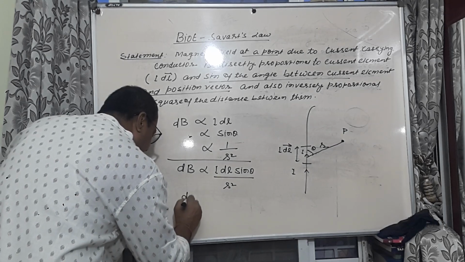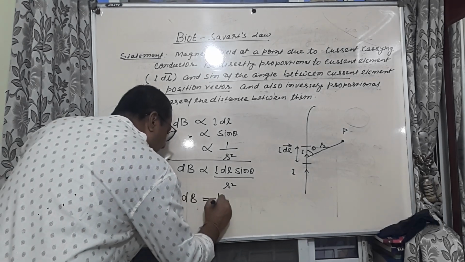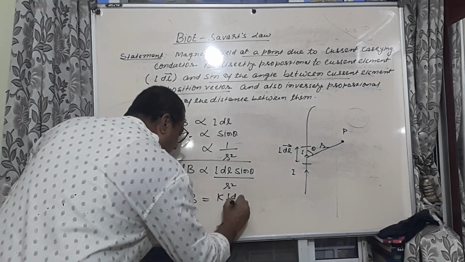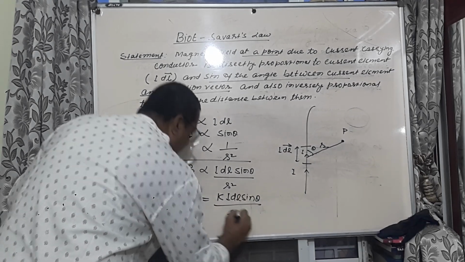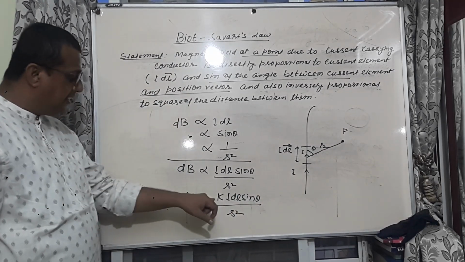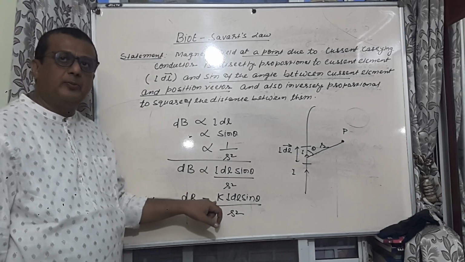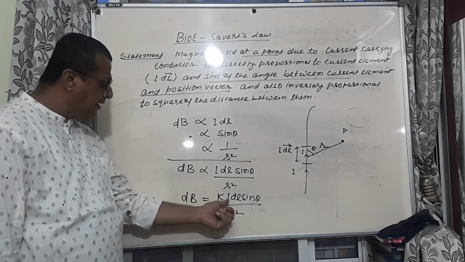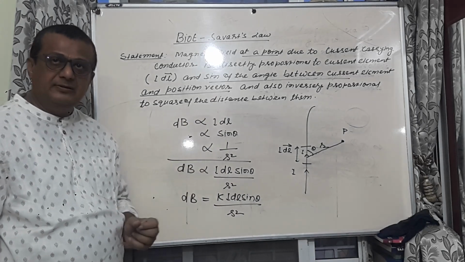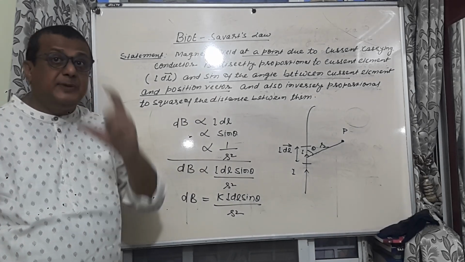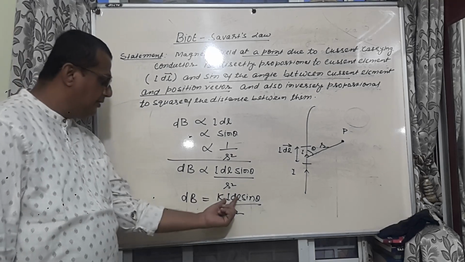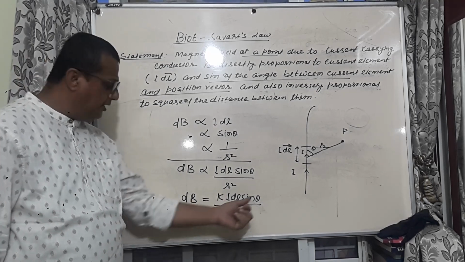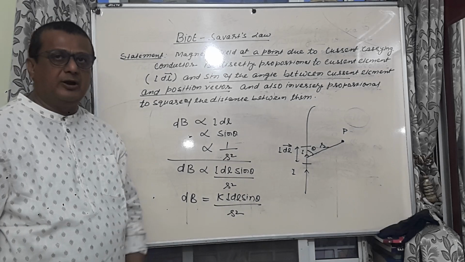Then dB will be equal to k I dl sine theta divided by r square. Here k is the constant of proportionality, I is current, dl a small section, but actually I dl is a special quantity called current element and it is a vector quantity.